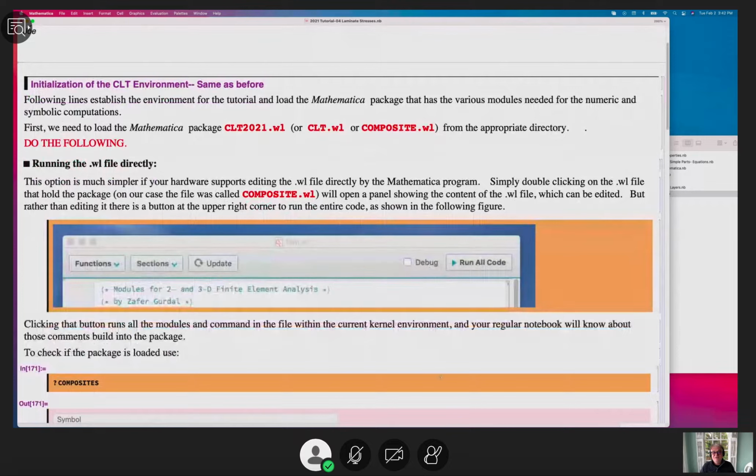I don't have to have this, but I know you'll need to activate and run your Mathematica. So you will do that. So you don't need to keep this cell. All right.